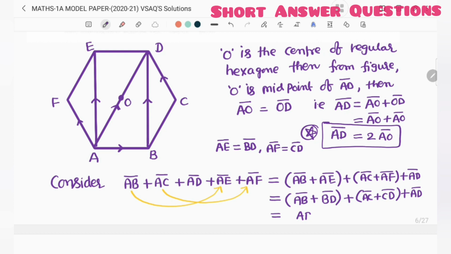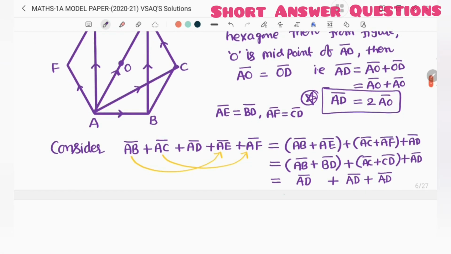Plus come to the second, AC bar plus CD bar is equal to AD bar. Again by using triangular law of vectors, it will become AD bar. Plus again already AD bar is there. AD bar plus AD bar plus AD bar is 3 AD bar.